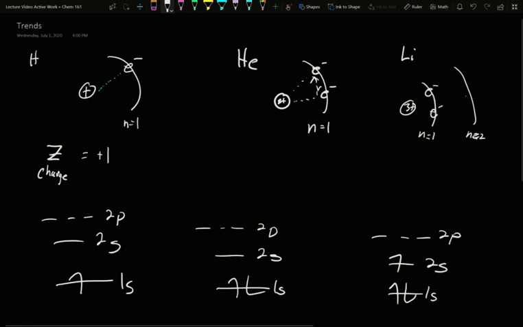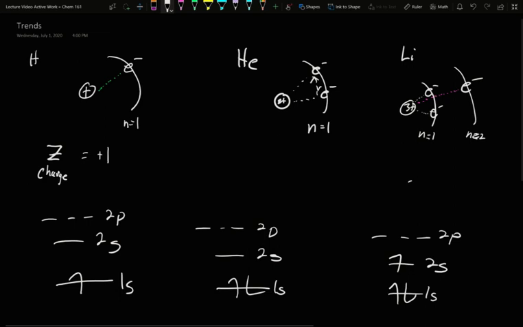Well, those electrons spread out. Kind of, again, showing them just near each other here for simplicity of drawing. Well, the n equals 1 electrons, they see the full 3 plus.